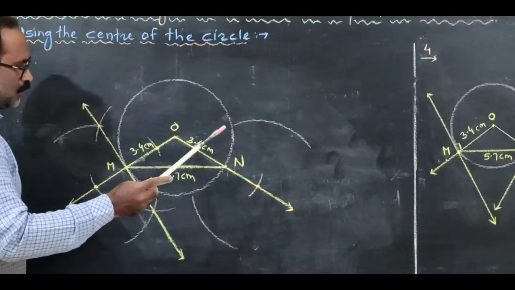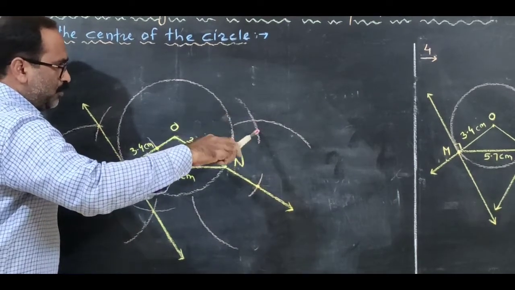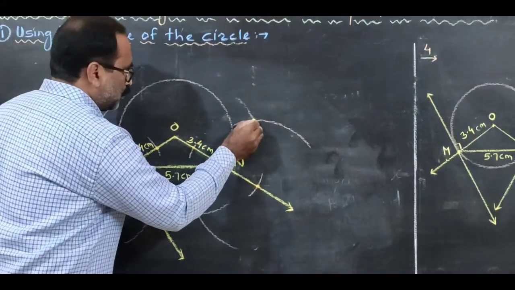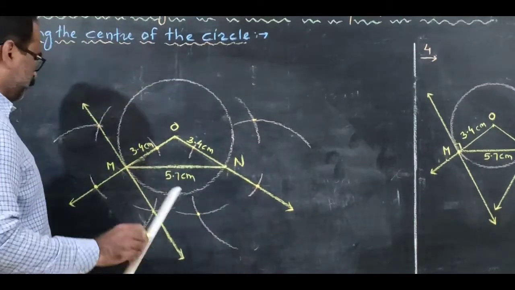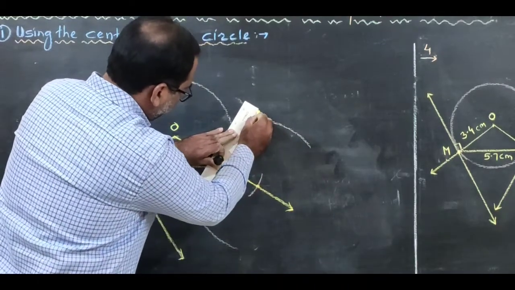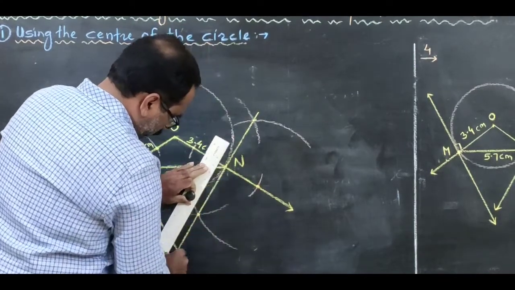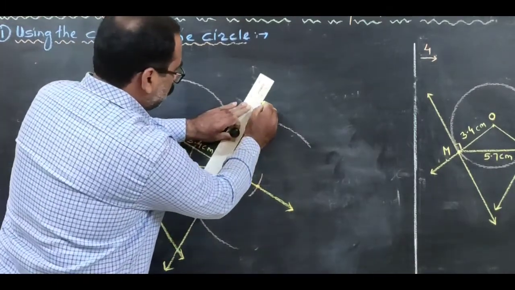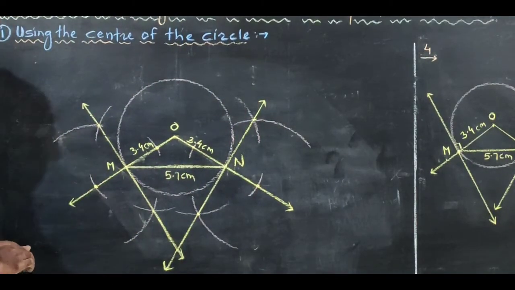Without changing distance, we put the nib of our compass at this point and we draw an arc intersecting the previous arc. Here we complete this figure.